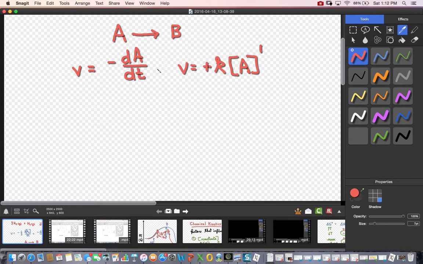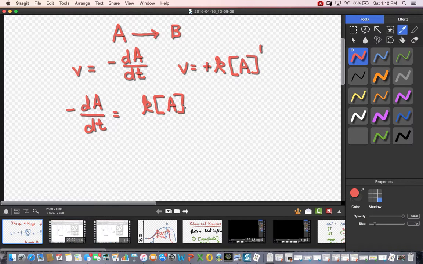When two variables are equal to the same thing, I can set them equal to each other. That means minus dA over dt is equal to KA. Now I can do a little bit of integral calculus here. I wouldn't get hung up on the calculus itself.